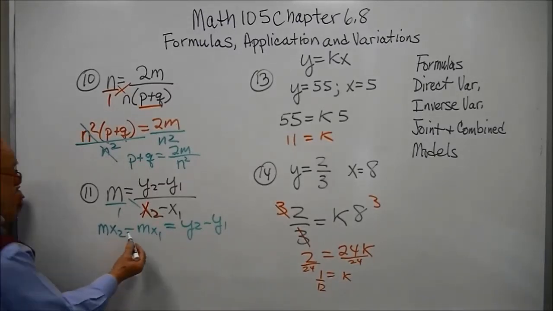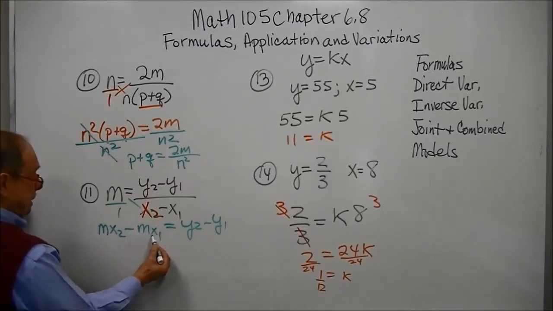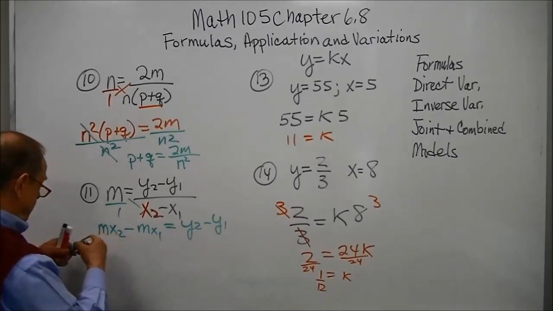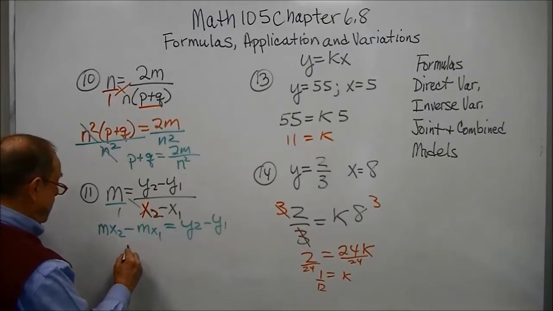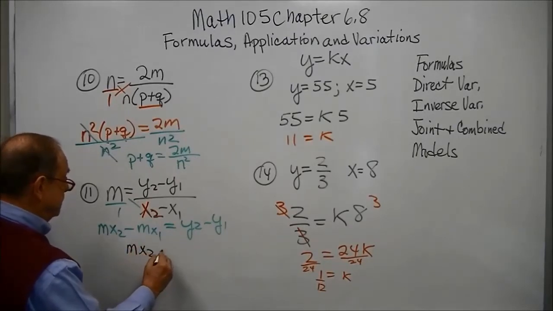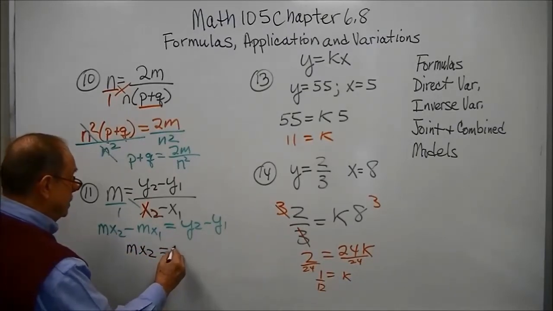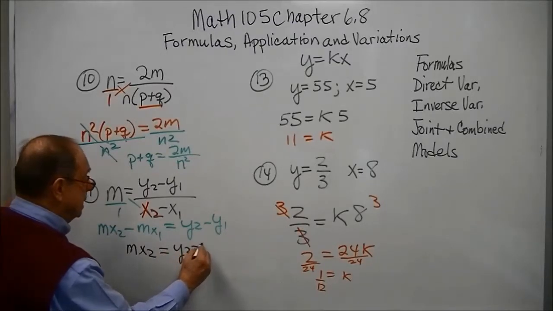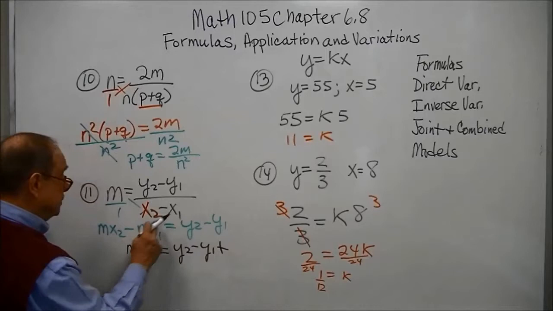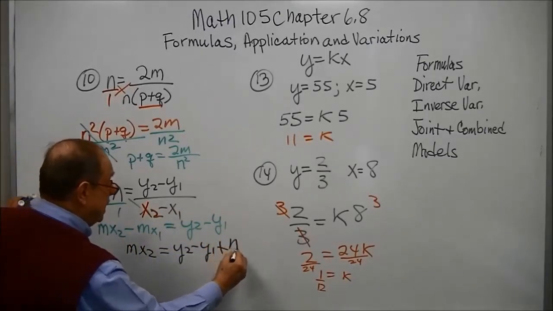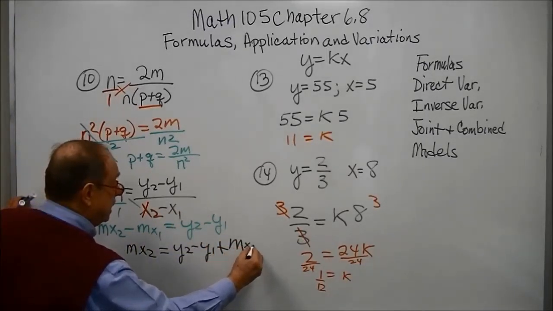And we're going to transpose this to the other side, and we get m x sub 2 equals y sub 2 minus y sub 1 plus, now, when we transpose that, m x sub 1.